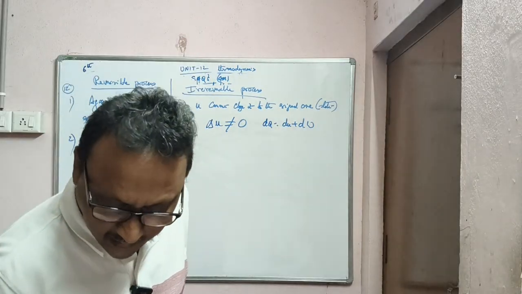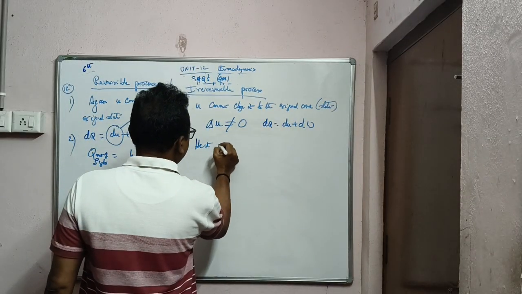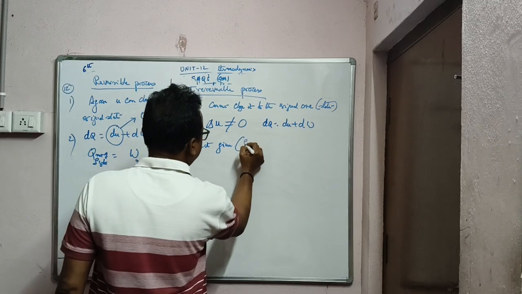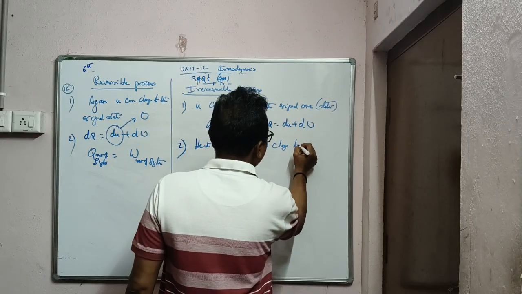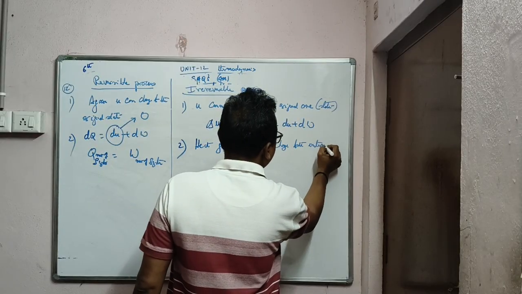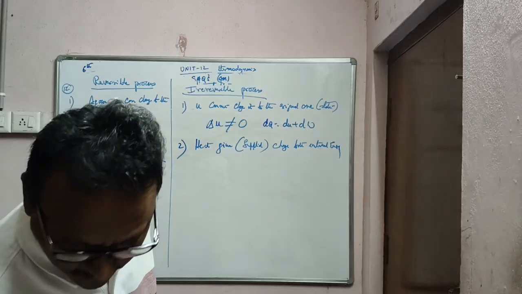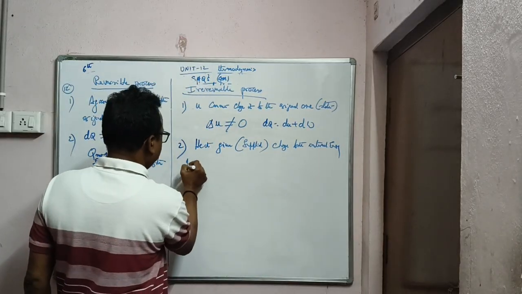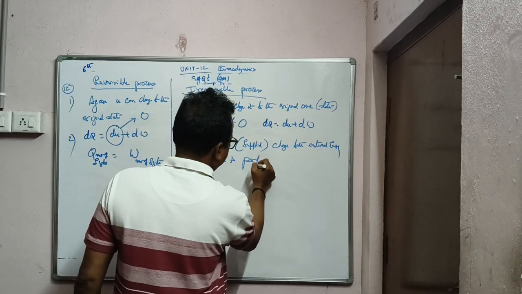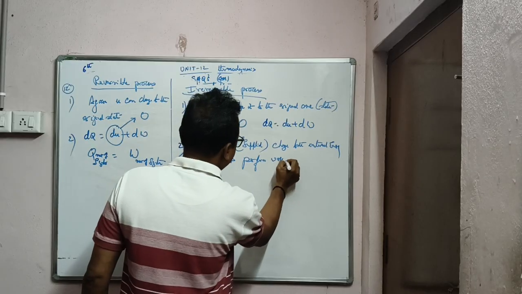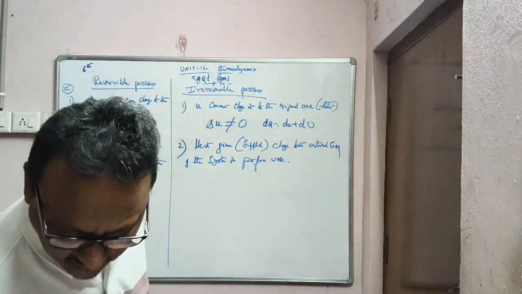Last one theoretically, heat given or supplied changes both the internal energy of the system and performs work. Okay, that is the second point, and that is dq is equal to du plus dw, first law.